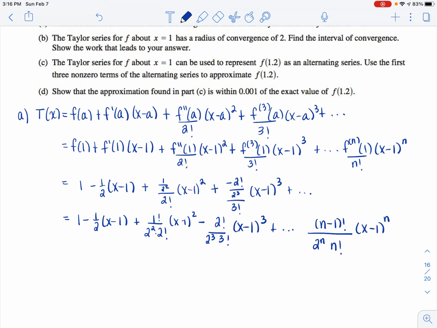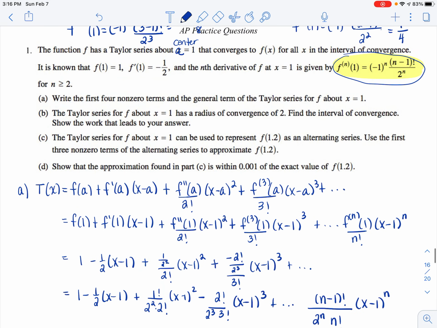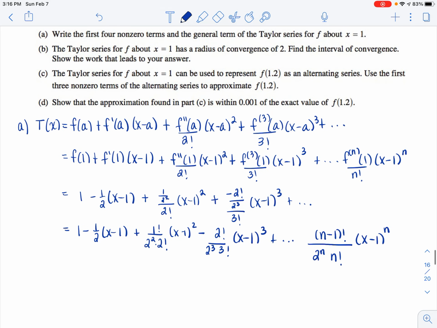Now I can actually go a step further, and maybe I should have done this before I got to this point, but you can actually reduce n minus 1 factorial and n factorial. If you remember that n factorial, so I'll write this on the top, is really n times n minus 1 factorial, I can actually cancel this out to be n times n minus 1 factorial.